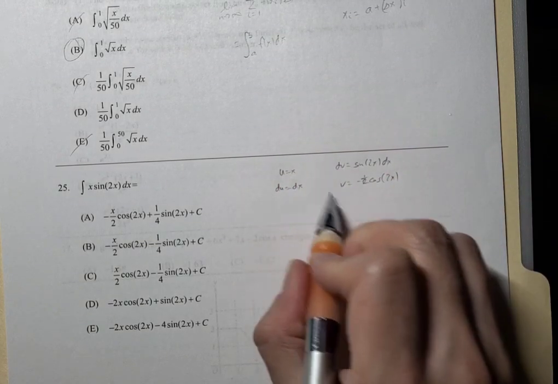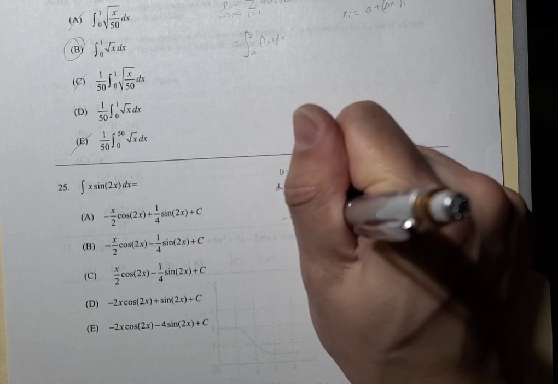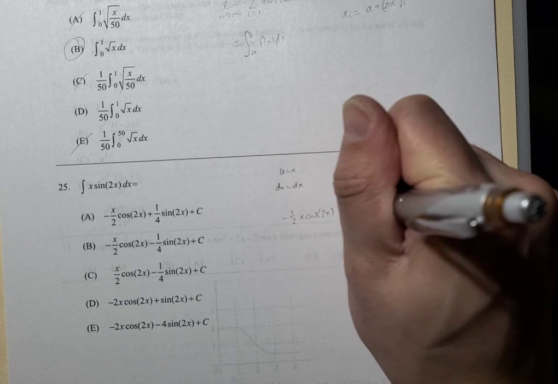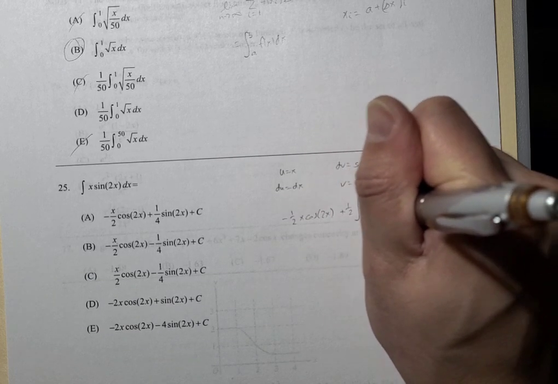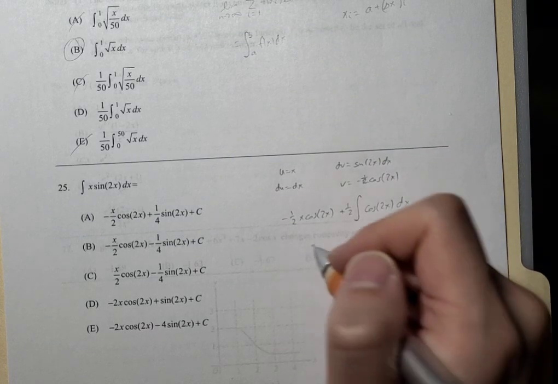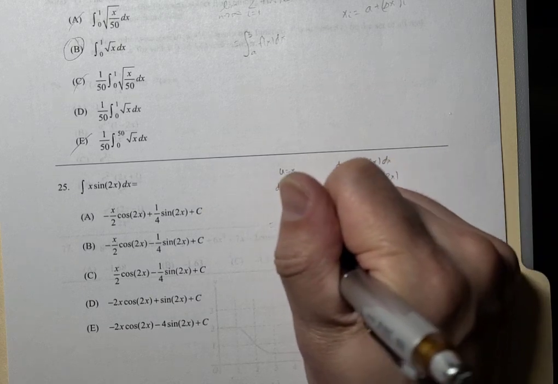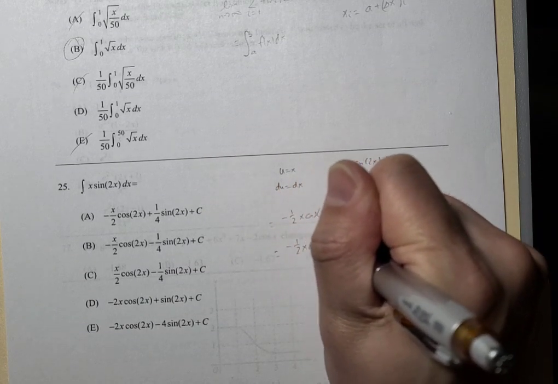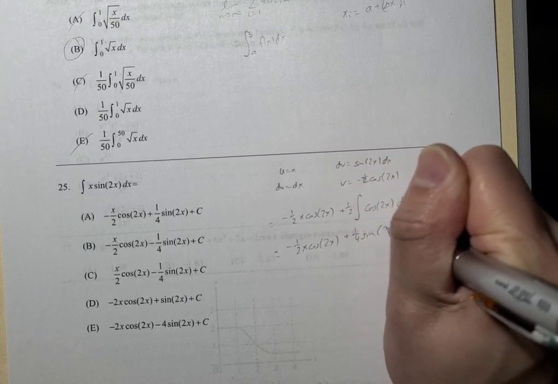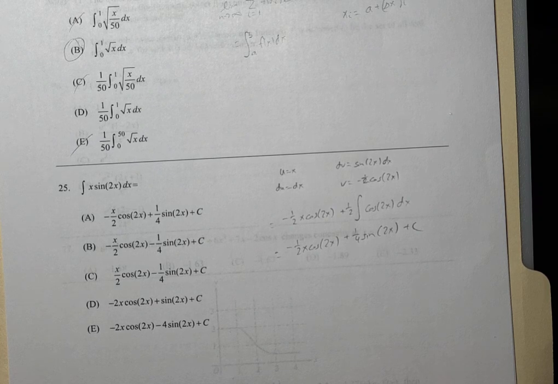So it becomes uv minus integral v du, so minus half x cosine 2x minus negative half, so plus half integral of cosine 2x dx. And when we integrate, that is minus half x cosine 2x, that's left untouched, plus a fourth sine of 2x plus some constant c.